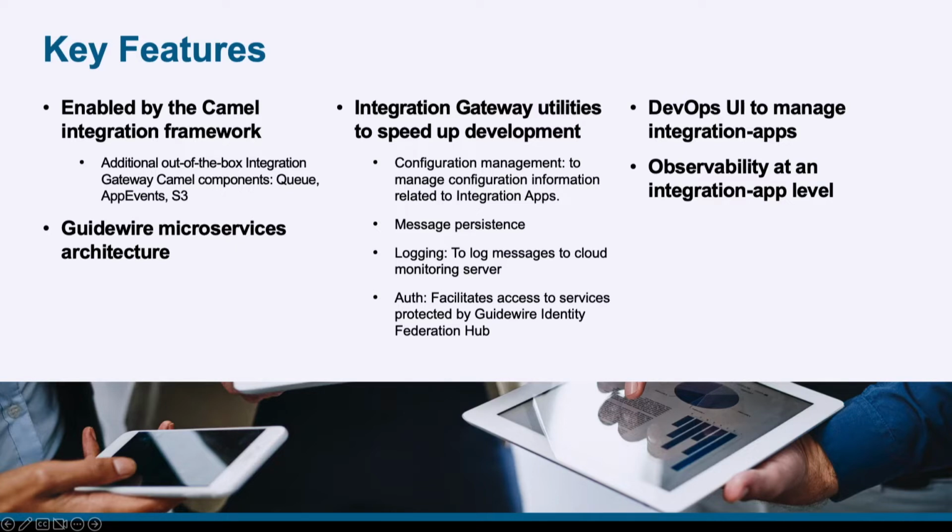So let's talk about some of the key features. How is this all possible, right? Integration gateway is actually based on Camel open source. Camel does a lot of heavy lifting, and I'll tell you why. I don't know how many of you have looked at Camel, but Camel is one of the most vibrant and active ecosystems.